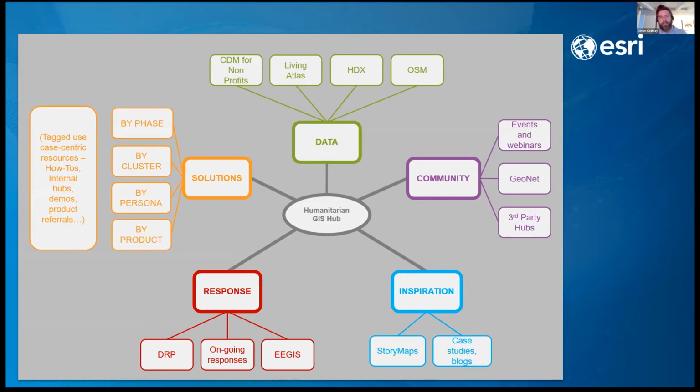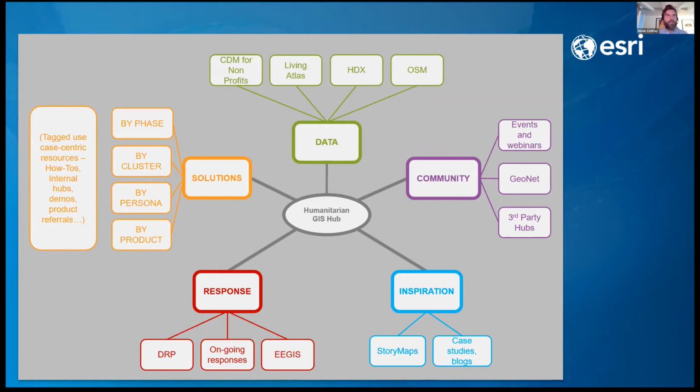What we're calling here EEGIS, or the Emergency Enterprise GIS, which is this idea of a deployable pack, a deployable server with everything pre-installed, if relevant. And then, and this is what I really want us to be discussing and thinking about today, the solutions element, which is really an organized repository of solutions.